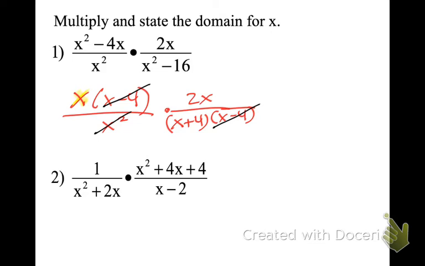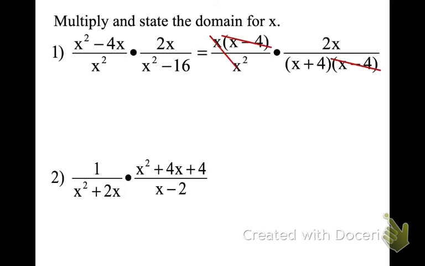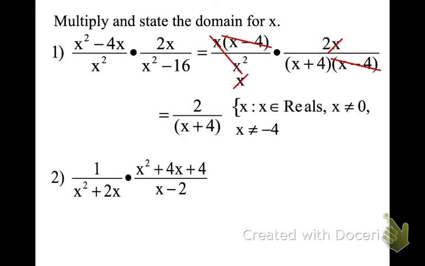I can take an x out here, I'm left with an x. I can take an x out here, I can take another x and another x. And we're left with a 2 over x plus 4. I should have known that they wouldn't have. If you're not canceling anything, likely I made the mistake, right?